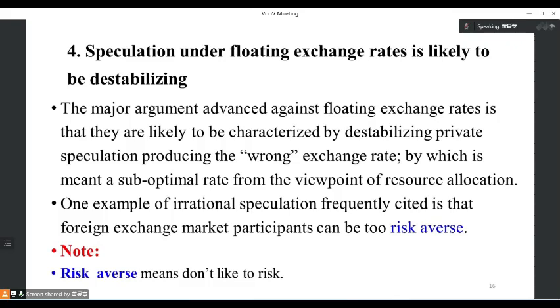If speculation happens, it will make one country's macroeconomy destabilizing.